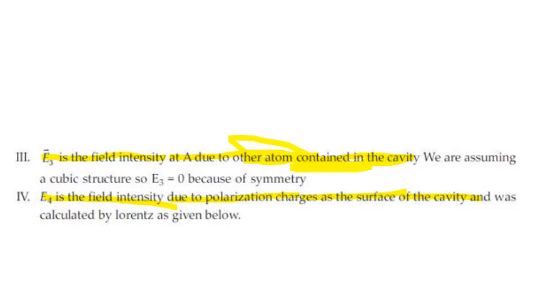Now we have E4. E4 is the field due to polarization charges at the surface of the cavity, and this was calculated by Lorentz. So in the coming slides we will study how to calculate E4, as E1, E2 and E3 are known.